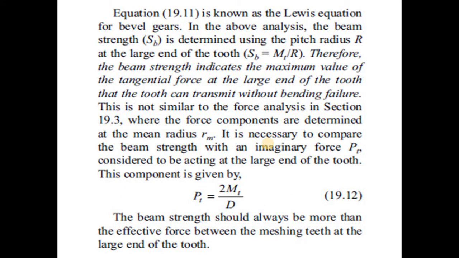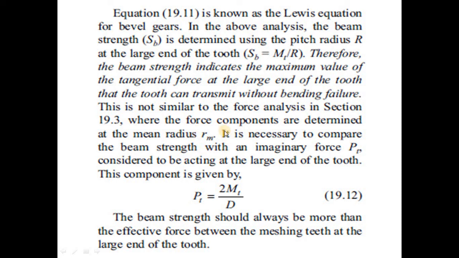From that equation we find that when we compare the tangential component at the larger end, the value is always greater than the effective load P. That's why we consider the mean value, and sometimes we compare the Rm value. That part is already covered in the force analysis section, in V.B. Bhandari, section 19.3.